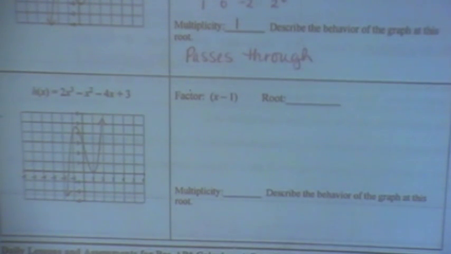All right. Okay, so you can tell by looking at the graph what should happen. It should have a multiplicity of 2. But let's check it just to be sure.